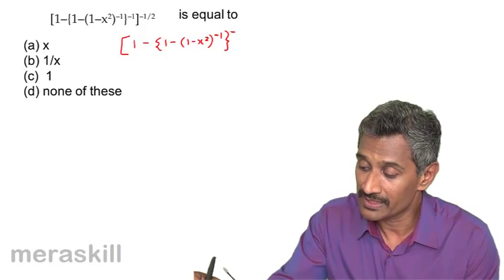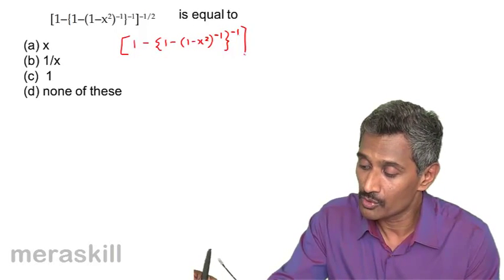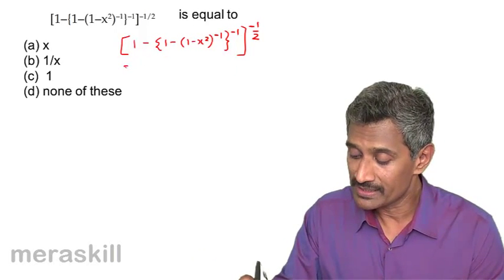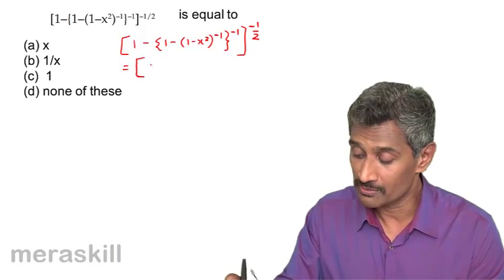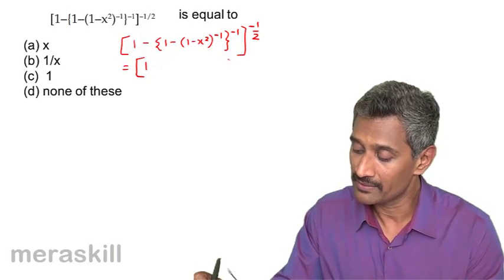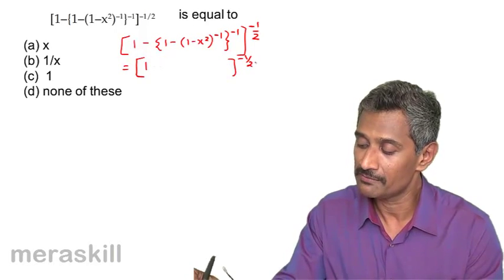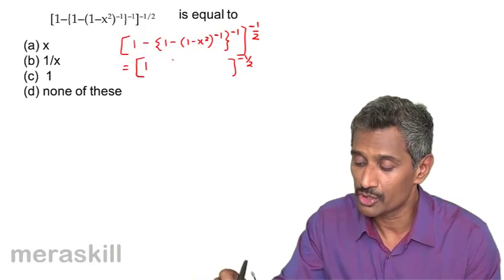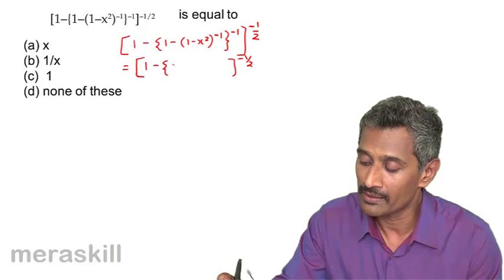And this has been raised to minus 1, and this whole thing has been raised to minus half. So now we don't disturb the outer bracket. We go to the innermost bracket. So it's 1, and this whole thing continues to be minus half. Or if you want, you can start with this, but you might lose the continuity. So we keep it 1.